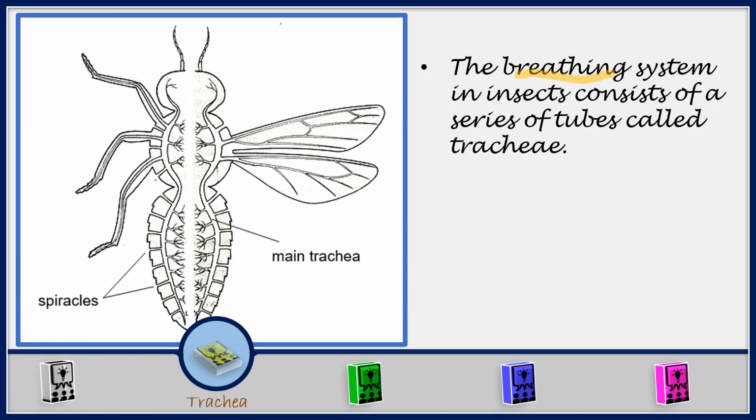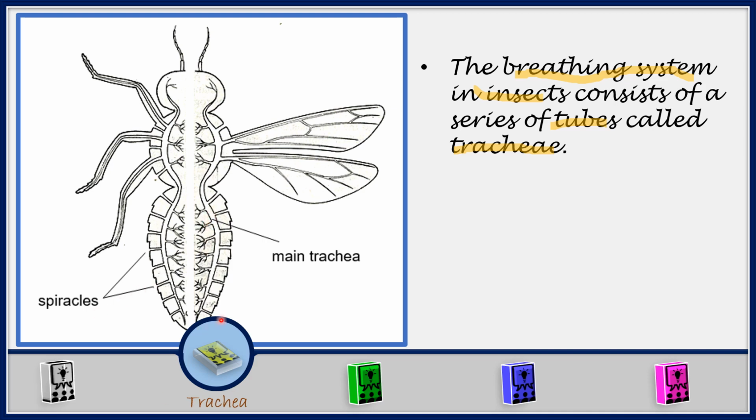The breathing system in insects consists of tubes, a series of tubes called trachea. So we are seeing that the breathing system is made up of tubes, and these tubes we call the trachea.